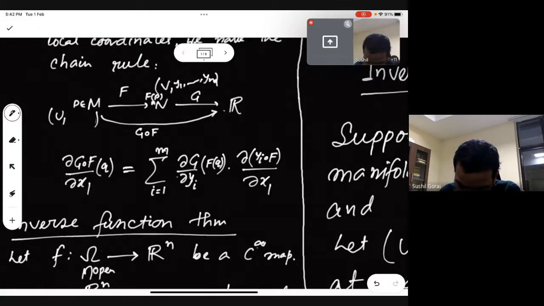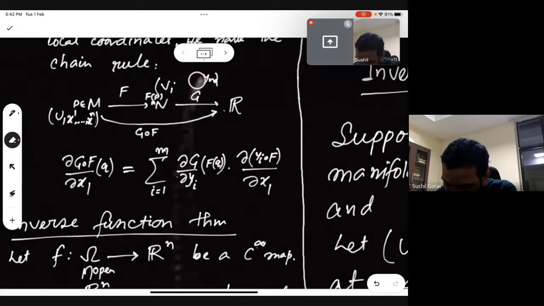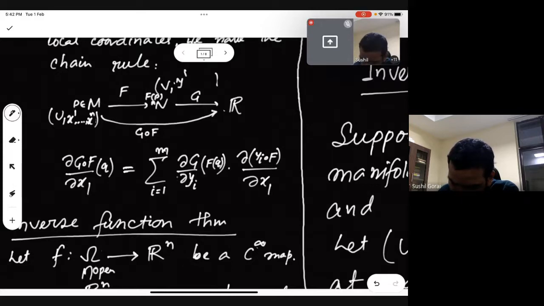So this was x^1 up to x^n, otherwise when you read the book you will be in trouble, and y^1, y^2, ..., y^n. Here you can put j; this is true for any j.